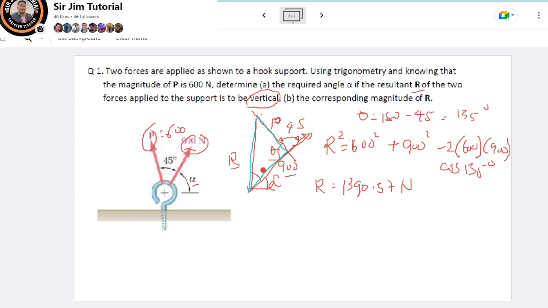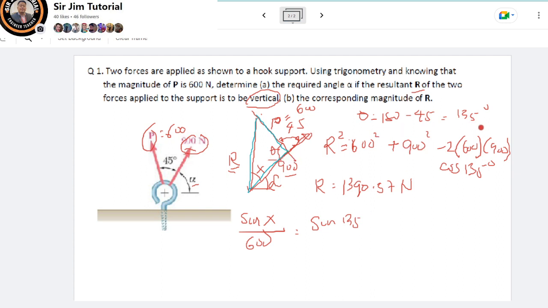Now, if our concern is to compute for the angle, this alpha, so we just need this inclusive angle between R and 900. Let's say this is X. We can use this with the sine rule. You can have sine X all over 600, P. This is 600. And then we can use R, 1390.57 over this angle, sine first, sine of 135.